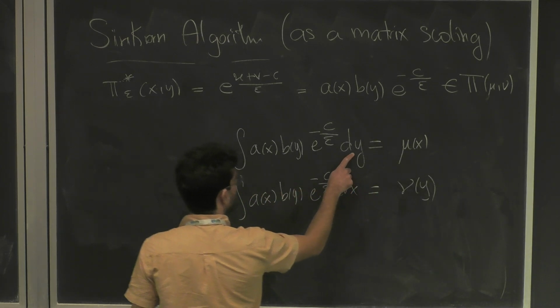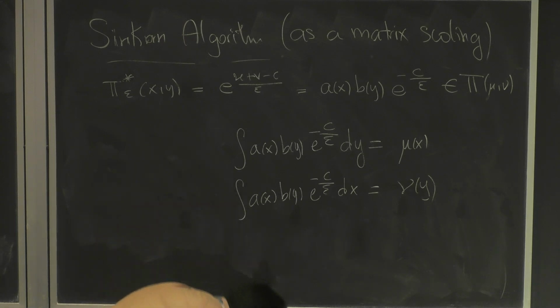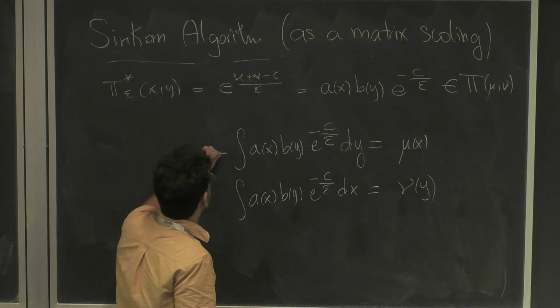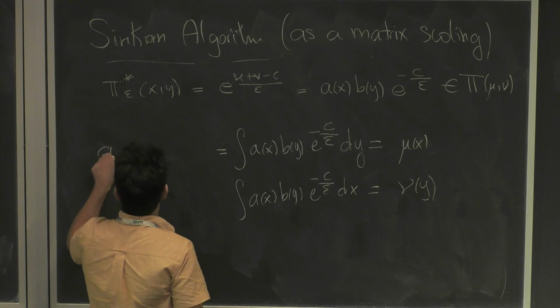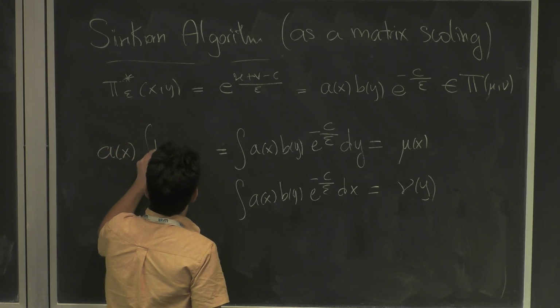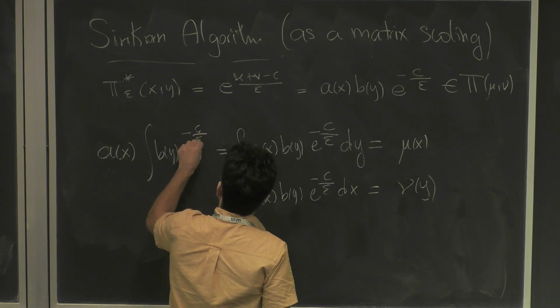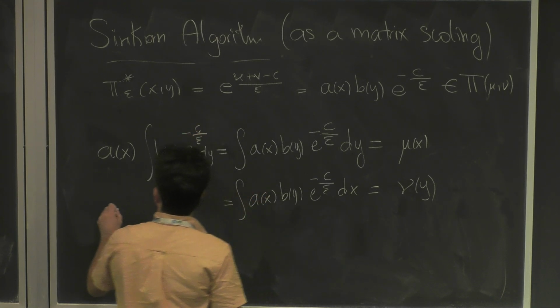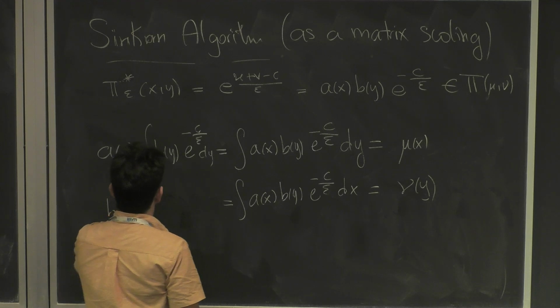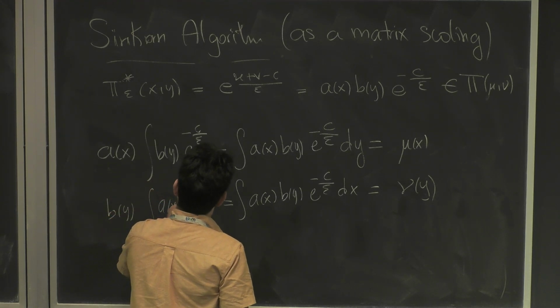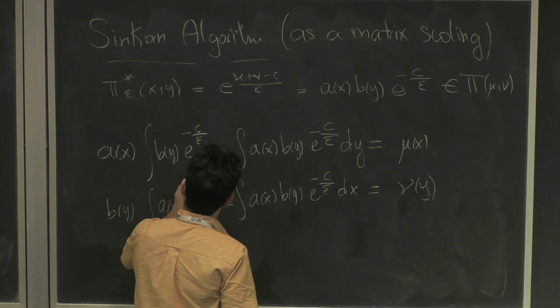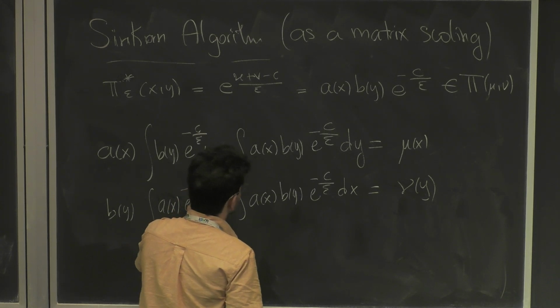Since I'm integrating in y and I have a function of x, I can put a outside, so this is a of x times the integral of b of y, exponential of minus c divided by epsilon, dy. I do the same trick with b of y: the integral of a of x, exponential of minus c divided by epsilon, dx.